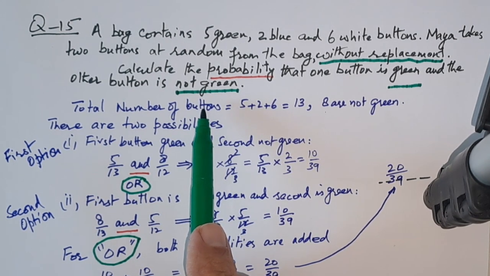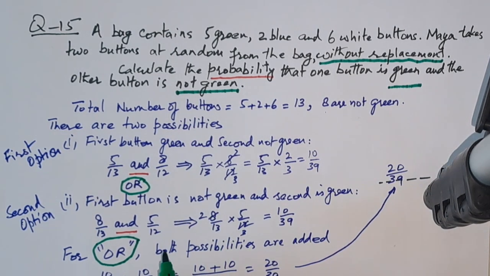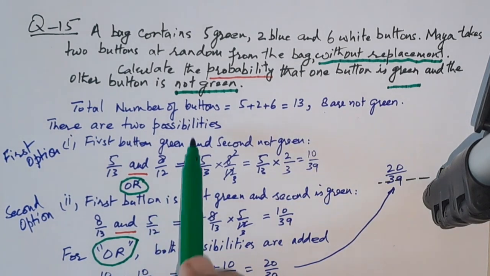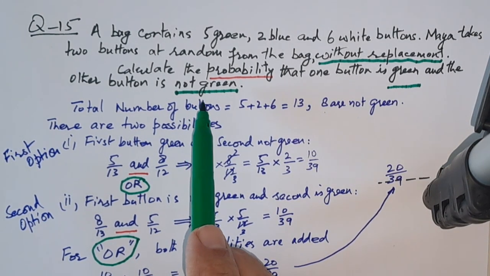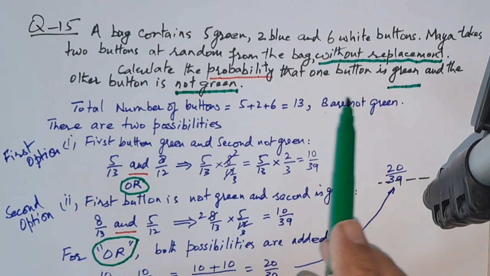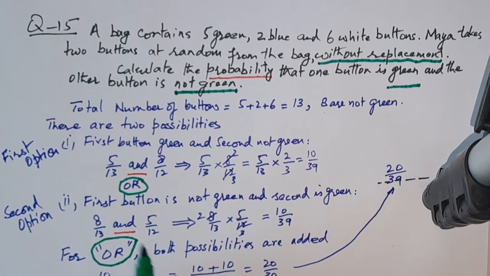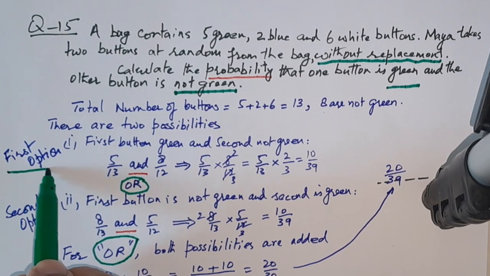Whereas in the second possibility, the first button will be not green and the second button will be green. I have taken those options or possibilities here.